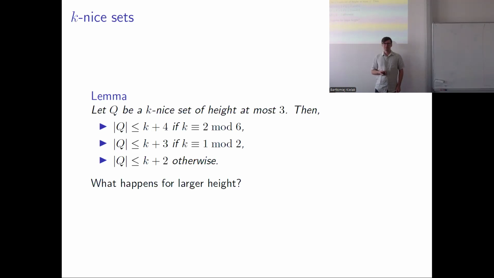But what happens if the height is larger? On one side, if you allow points which are higher, then you have more freedom, more possibility to create k-nice sets. But as it will turn out, having a point which is high is actually not beneficial in the long run for the size of our k-nice set.